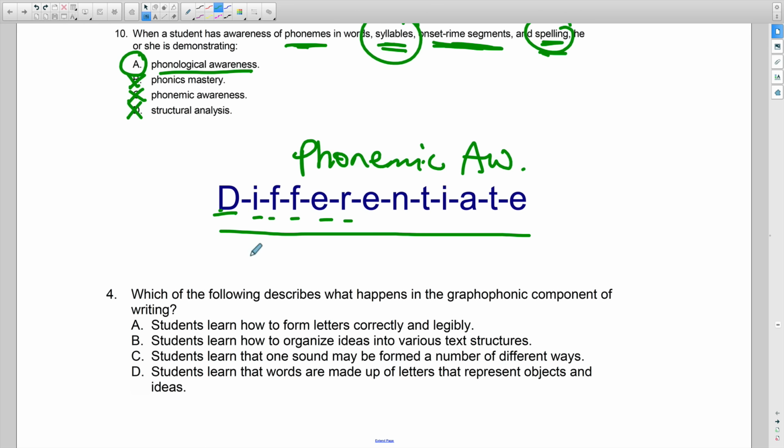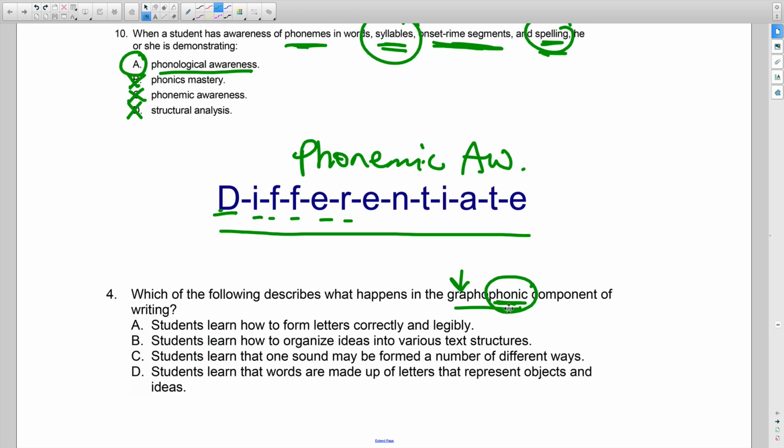And then this one is a little bit tough too. I saw this on the FTCE specs. This is from the Florida Department of Education document. Which of the following describes what happens in the graphophonic, and remember, this is phonics. Graph means to write. Phonics is the spelling, so this is similar to phonics.